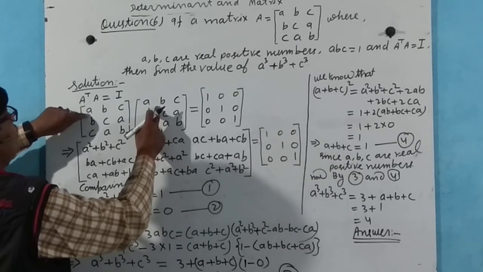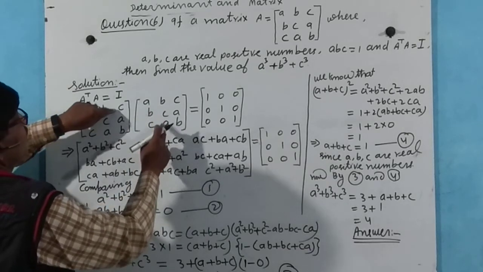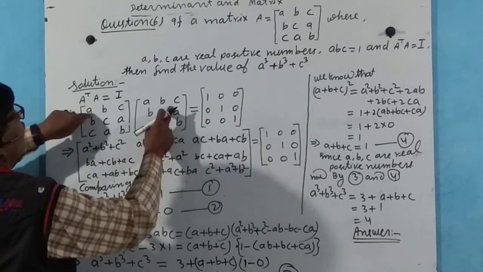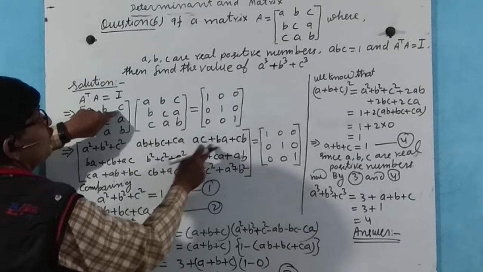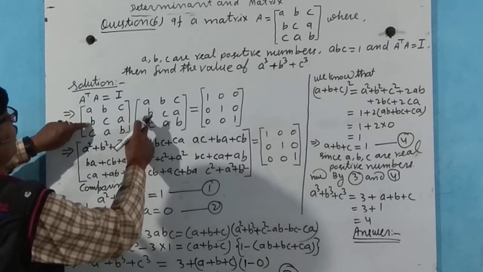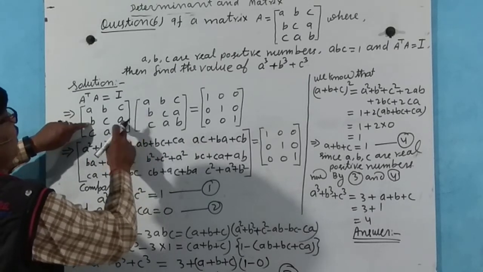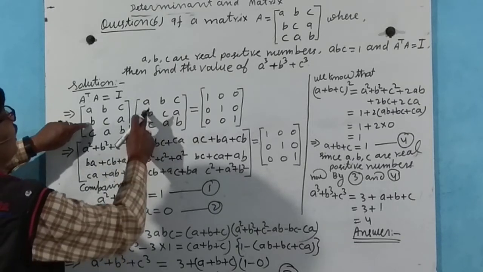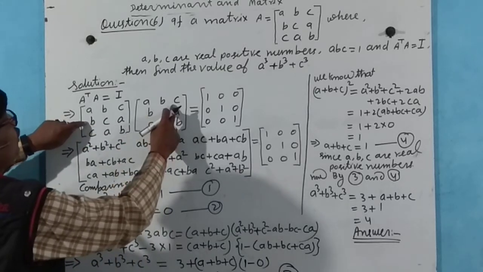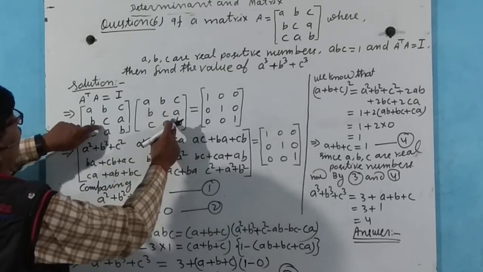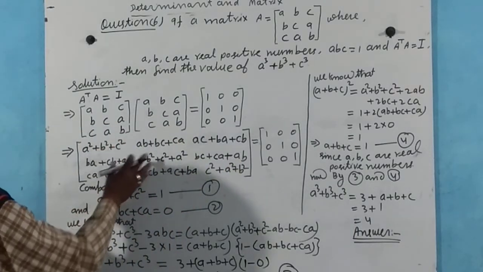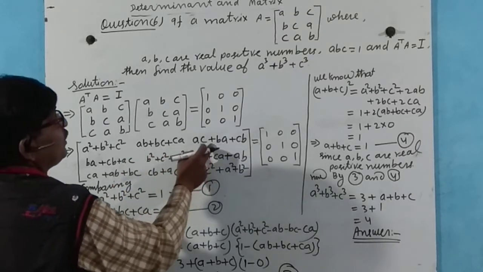Then ab, bc, ca, and ac, ba, cb. Again by the row by column method we get ba, cb, ac, and b square, c square, a square, and then bc, ca, ab, and similarly ab, bc, ca.